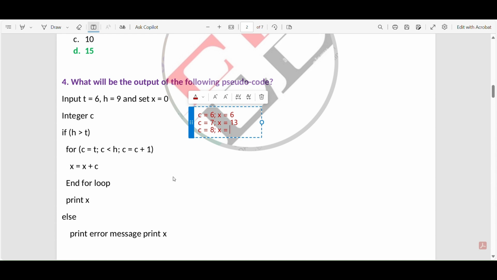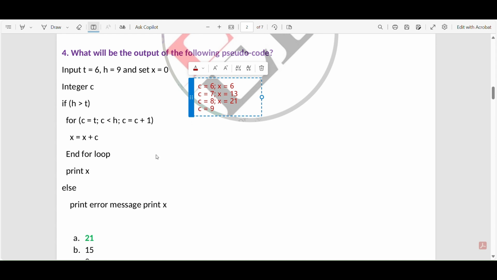It will be 21, right? And again the c value will be incremented. When this c value is incremented, it will become 9, and 9 is not less than 9. Then it will end the for loop.